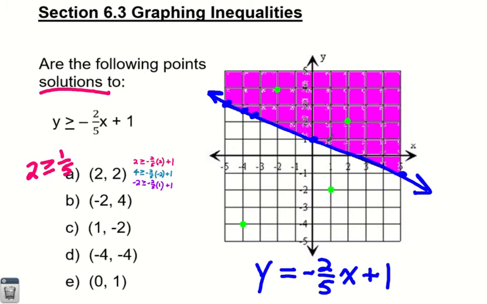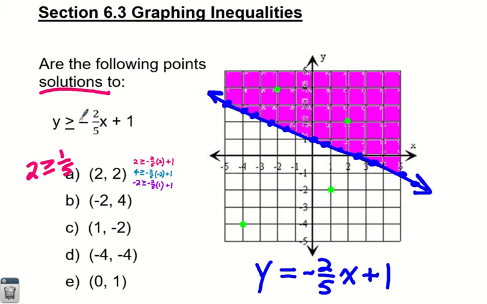There are points literally everywhere on this line. All of these points would also solve this, because this says y is greater than or equal to negative 2/5 x plus 1. So as far as the equal part, we got this blue line.